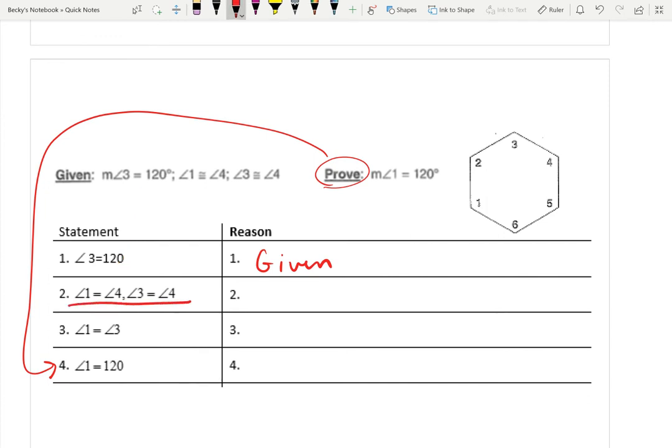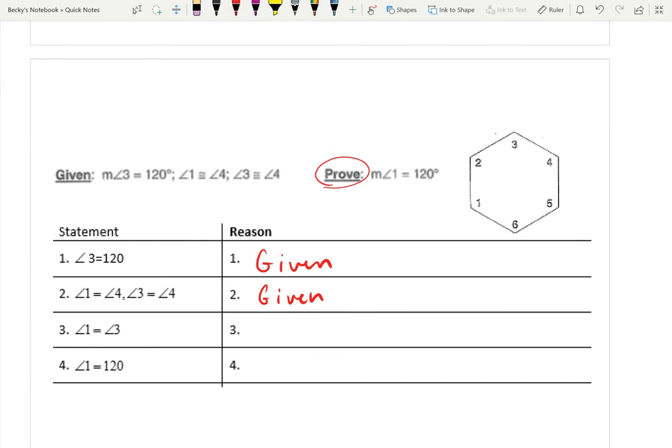Now, how do I know all this stuff? Well, sometimes they give you more than one given. Do you guys see it right here? It's given. So you're going to say given again. Now, it's not given, okay? So now you're going to say, how do I go from step 2 to step 3? Think of step 2 as your if, and step 3 is your then.